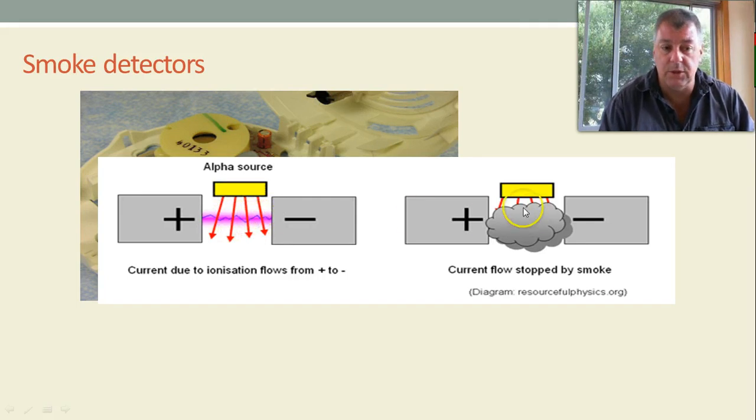And that's what happens when smoke stops the ionization process, or another way of thinking about it is smoke is basically carbon soot, and that absorbs all those free electrons, and so the current between these two electrodes stops, and then all the circuitry in the smoke detector says, hello, something's happened, set off the alarm.